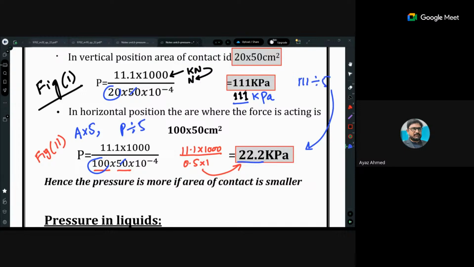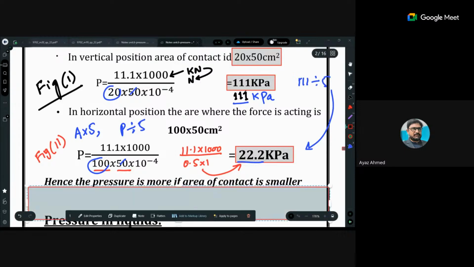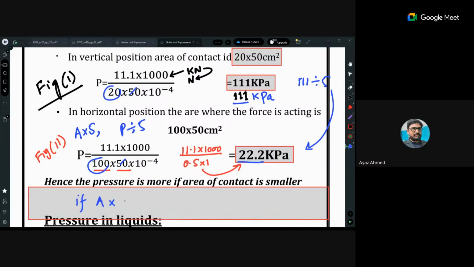So the conclusion is that if area is increased by any number, let's say 2, then pressure will be reduced by 2. And if area is increased by 5, pressure will be reduced by 5. I believe it is a very simple concept and you will get it.